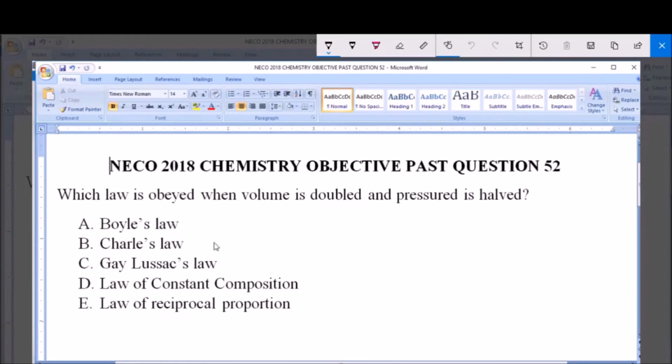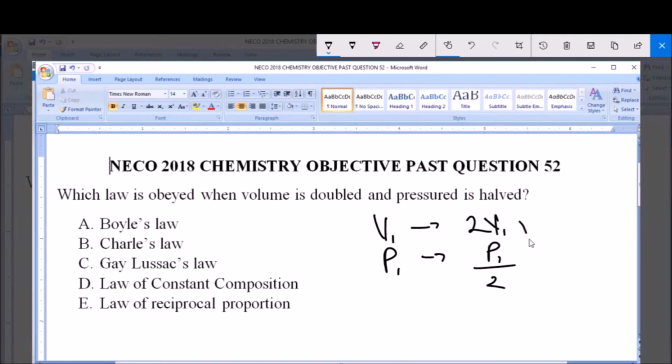Now this question says the volume was doubled. That is, let's say we have V1, then it was doubled, so we have 2V1. And the pressure is halved, meaning that we had P1 as the initial pressure and then it was halved, that's P1 over 2. Looking at this, you'll notice that since the volume was doubled, there was a decrease in the pressure by half.